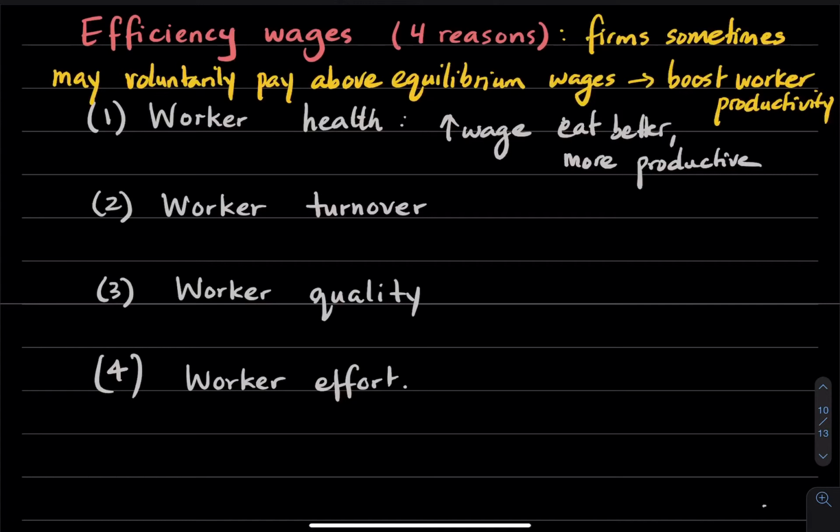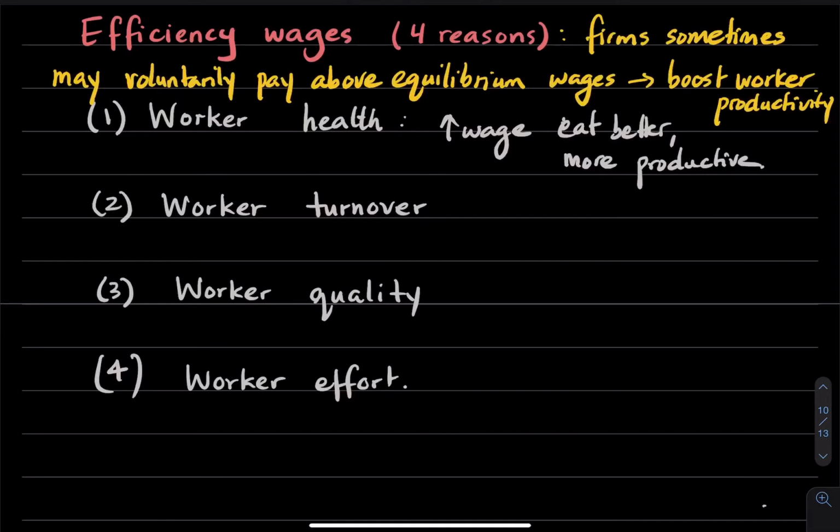Okay, the second reason or second theory behind why firms might pay efficiency wages could be worker turnover. When you're hiring new people, hiring them typically has a cost, and training them also takes up time, and the company has to incur time and effort to do that.